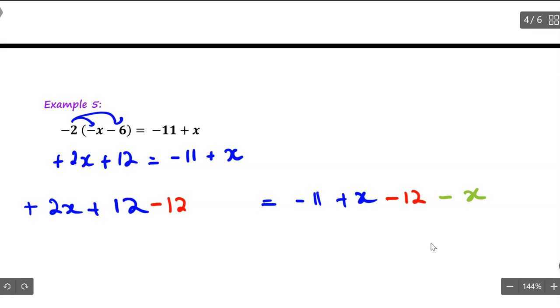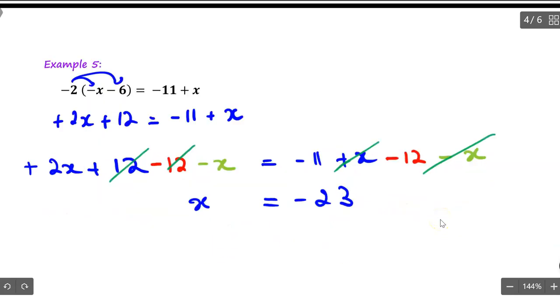So here I should have negative x. Check that this cancels, and the x cancels on this side of the equation as well. So in this case, I should have x equal to negative 23. Okay, so 2x minus 1x will give me x, and negative 11 subtract 12 will give me negative 23.